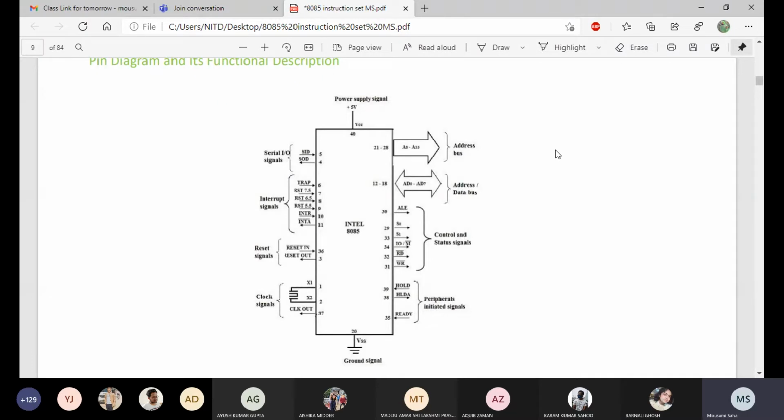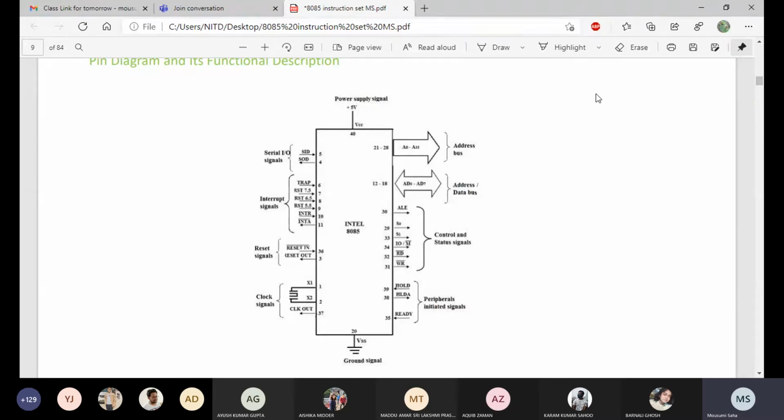So with the help of interrupt signals, we can design the interfacing circuit so that we can incorporate all the components in your system. It can also transfer data to other devices with parallel data transfer or serial data transfer methodology.